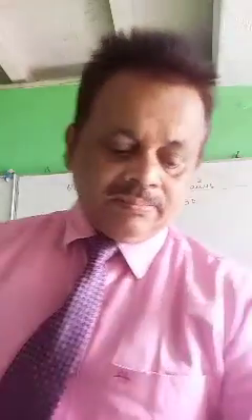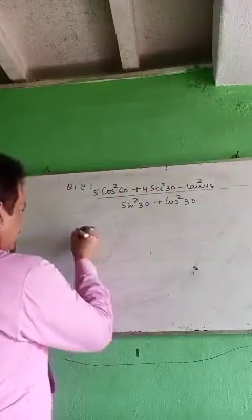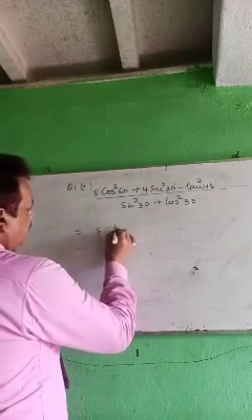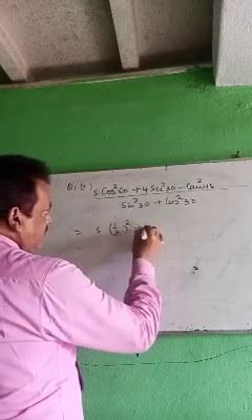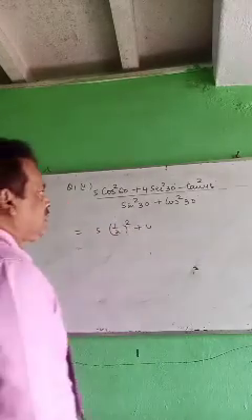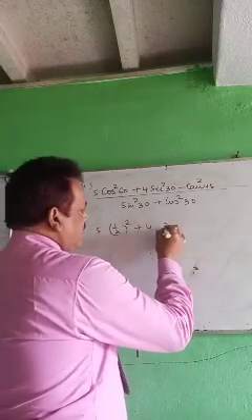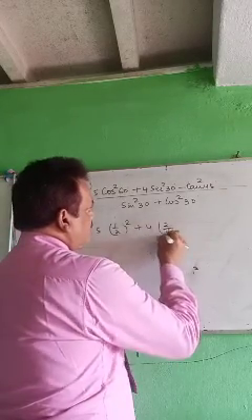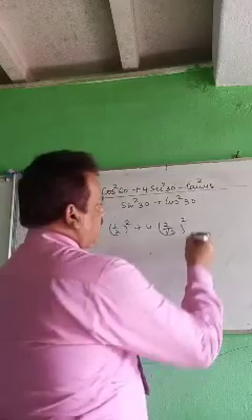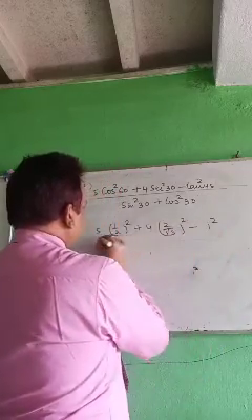Only the square method is the same. That is 5 into 1 by 2 square. 4 sec 30 is how much? 2 by root 3, 2 by root 3 square. Tan 45 is 1 square.